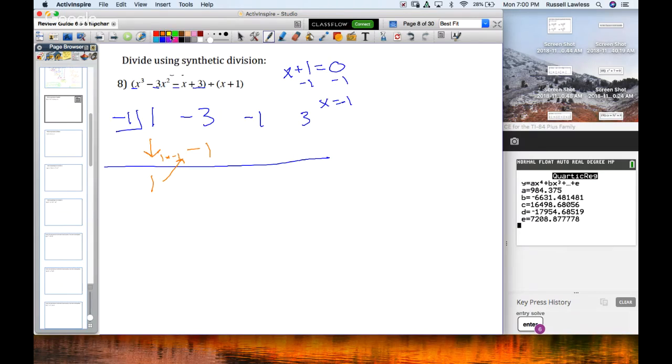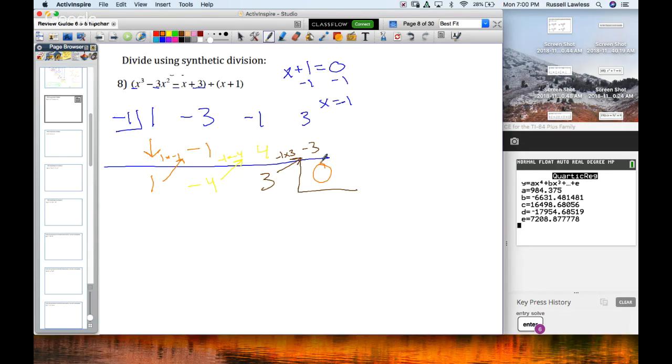And then now we add down, so we'll have negative 3 plus negative 1, which will give us a negative 4. Then negative 1 times negative 4 to give us a positive 4. Add to get a positive 3. We'll multiply to get negative 1 times 3, which is a negative 3. And this last box here is our remainder with a remainder of 0.